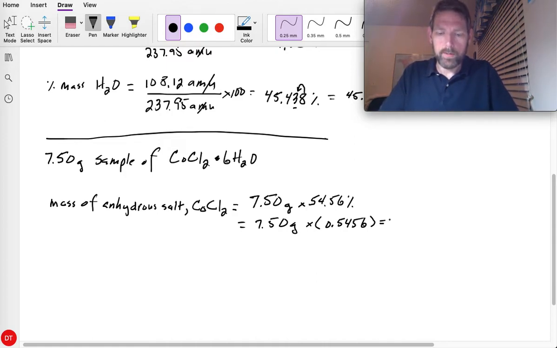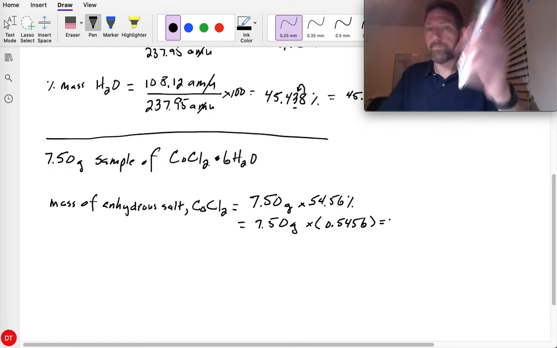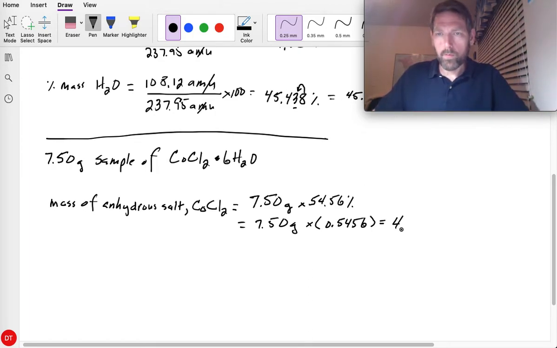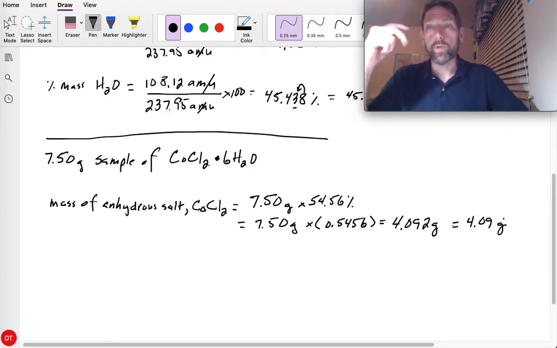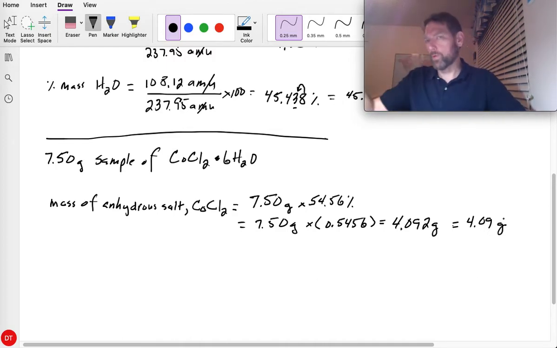See what we get. 7.5 times 0.5456. You should get 4.092. So 4.092 grams. And we can go ahead and evaluate this to 4.09 grams. Since we were working with 7.50, 3 significant digits, and we're in the hundredth place, then the 4.09 will work. If we had a more sensitive scale, we could go out to that third decimal place.